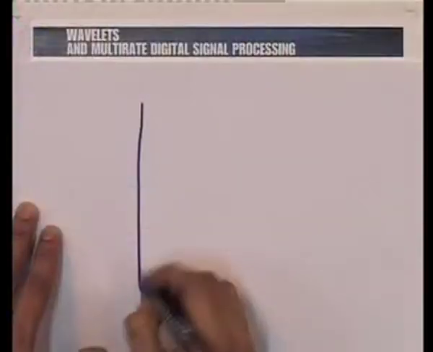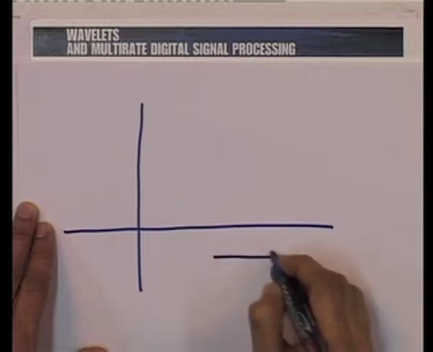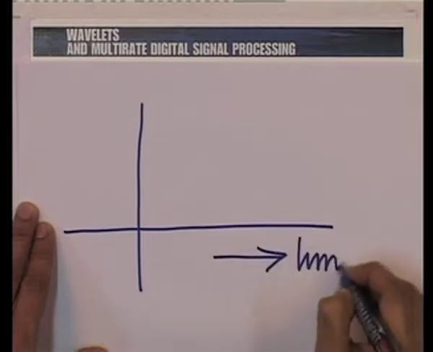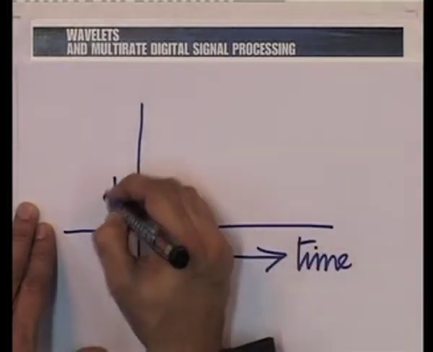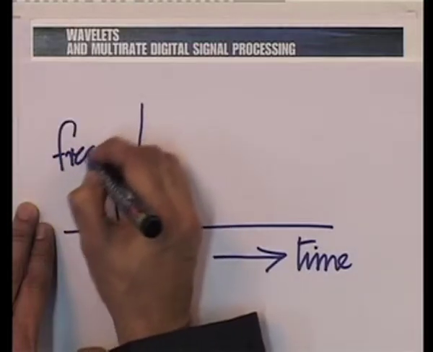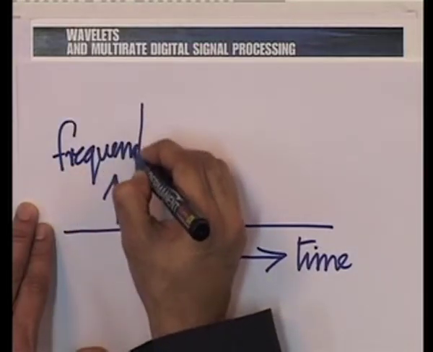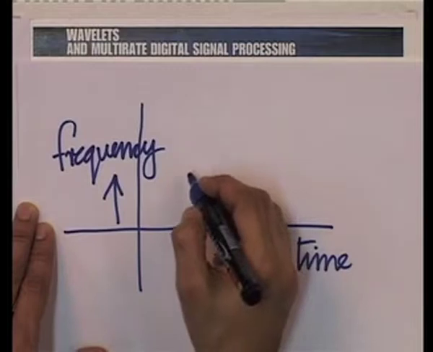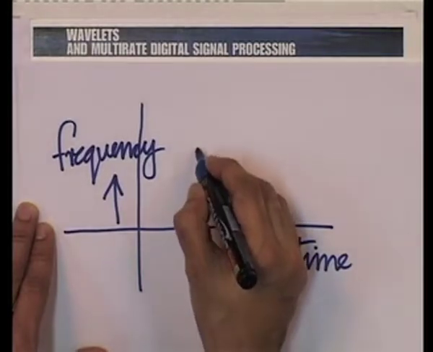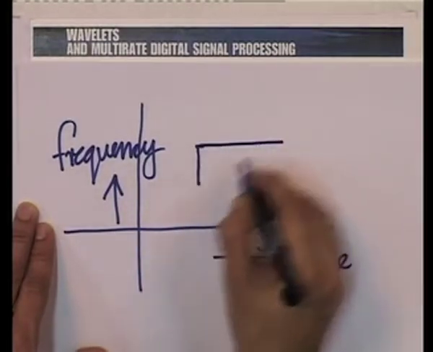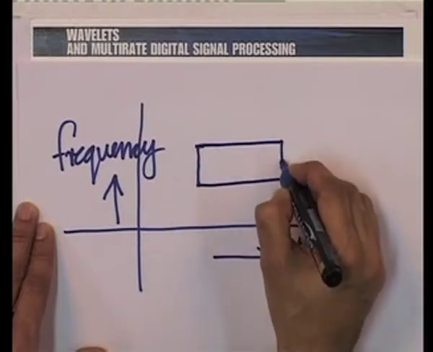So, yesterday we saw that in the time frequency plane, the short time Fourier transform essentially moves a tile of constant shape.